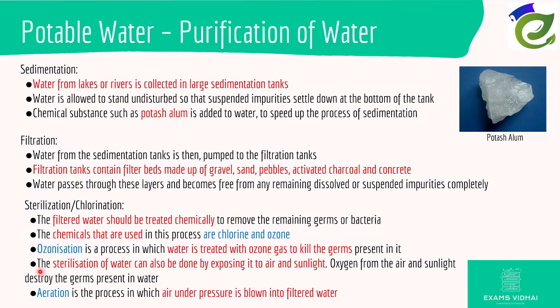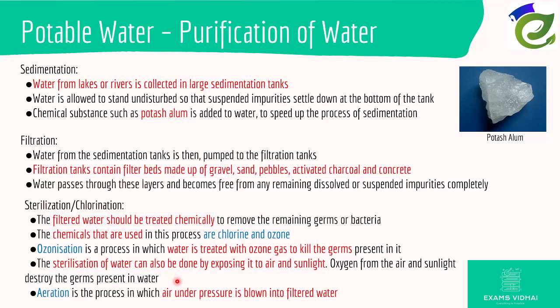For ozone, it's called ozonization, where it is exposed to ozone gas, like you'll pump ozone gas into the water to kill germs. As you know, ozone is a really good oxidizing agent, and when you oxidize the germs, they will easily die. Sterilization of water can also be done by exposing the water directly to air and sunlight.